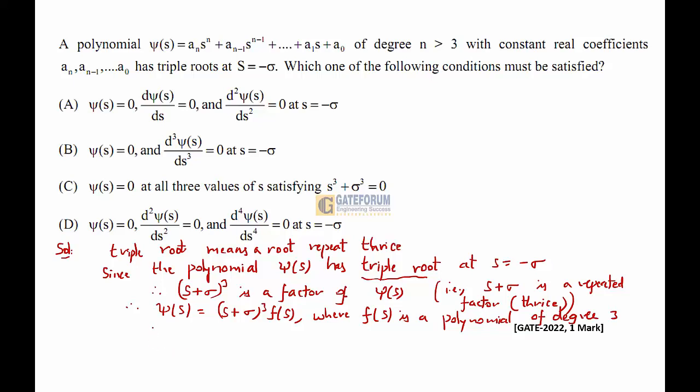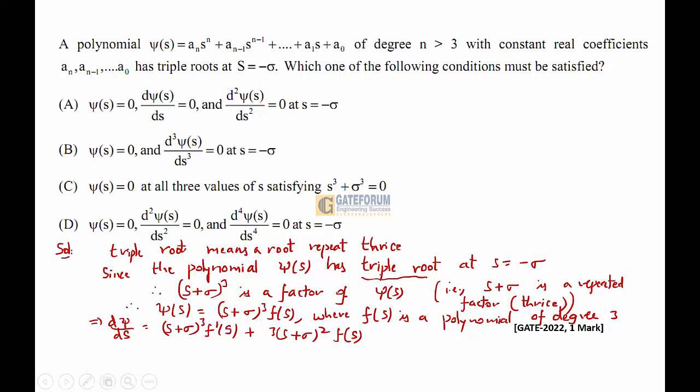So automatically, the derivative, d psi by ds, according to the UV rule, is (s plus sigma) whole cube into f dash s plus 3 times (s plus sigma) whole square f of s. So that means d psi by ds contains the factor (s plus alpha) whole square. Okay. So this is it.